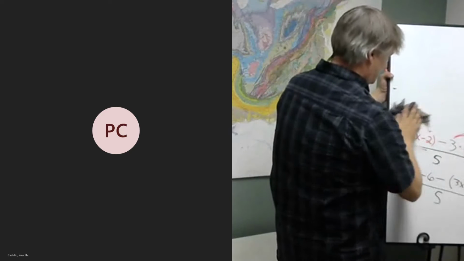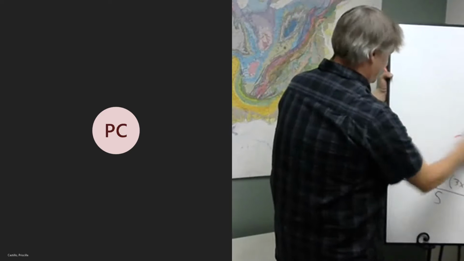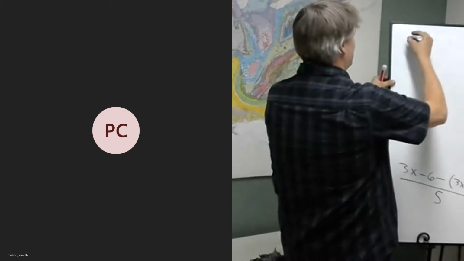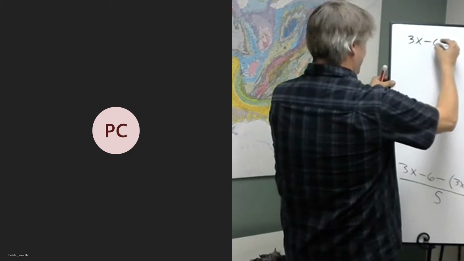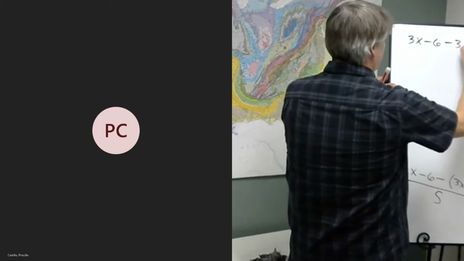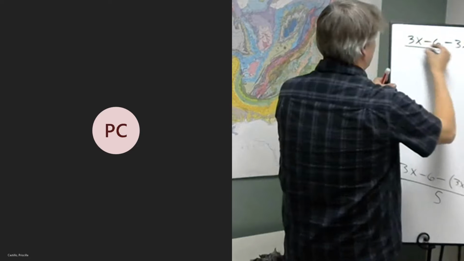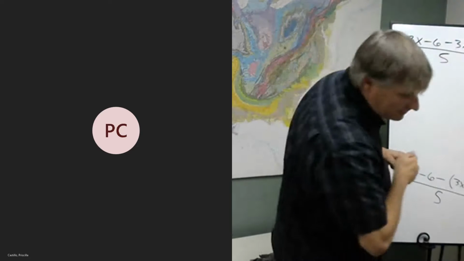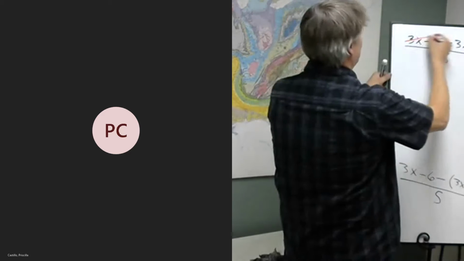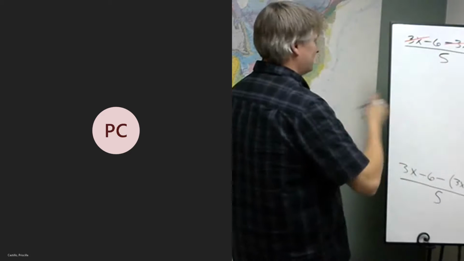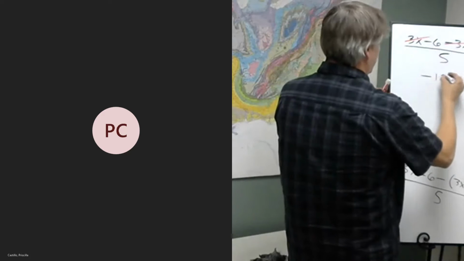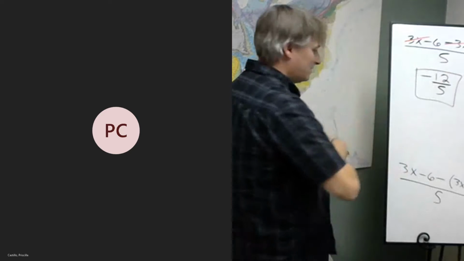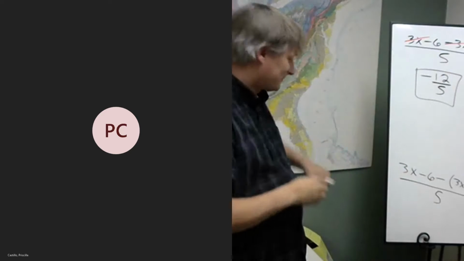I'm going to do the number first and then do the sign. So now we'll get 3x minus 6 minus 3x minus 6 over 5. And then these will cancel. We'll get negative 12 over 5, or negative 12/5.